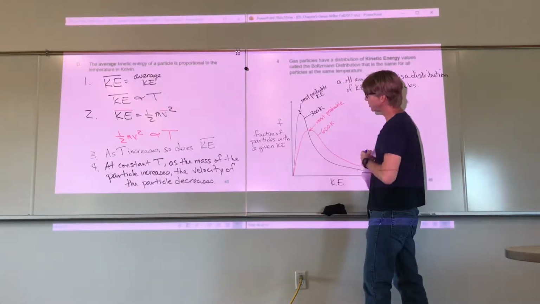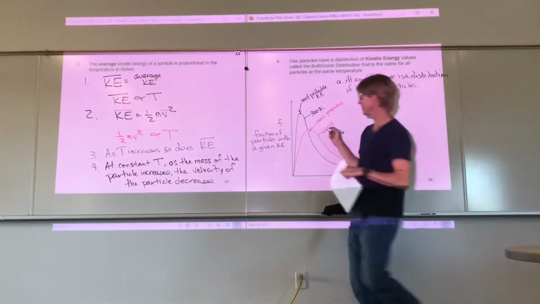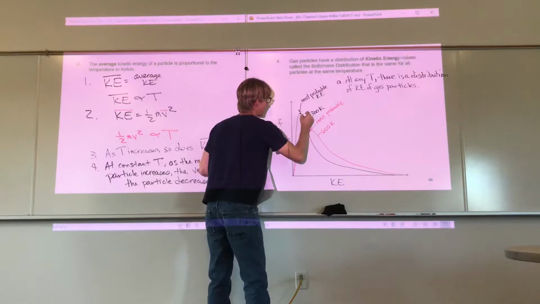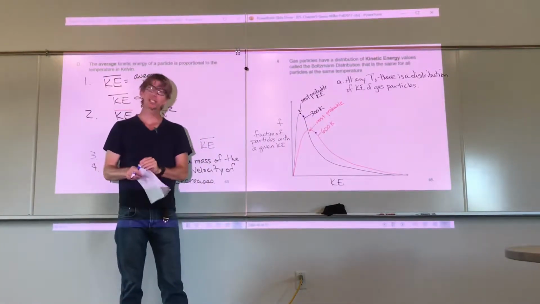So let's do blue. Actually, I didn't do a bad job here. 300 Kelvin, well, somewhere right around there. The blue marks are the average kinetic energies.